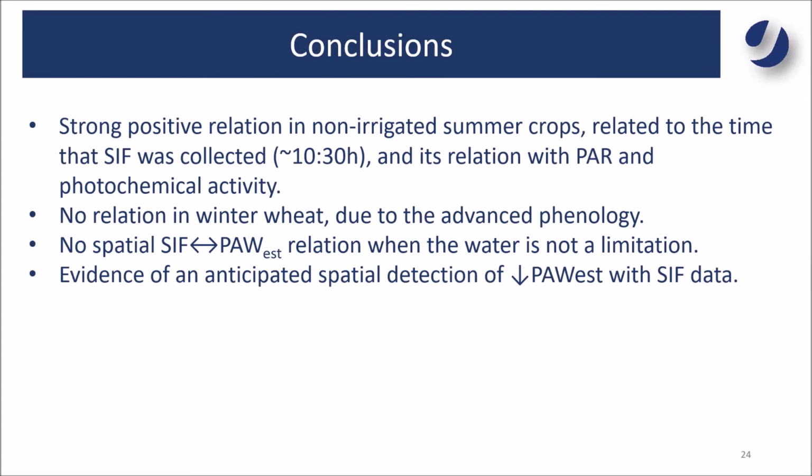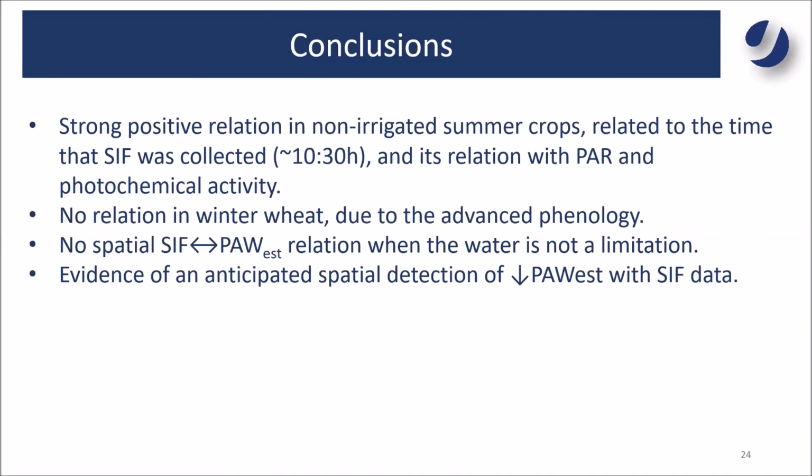We observed it in summer crops. And we think that it is related to the time in the diurnal course when we collected the SIF data, which was around 10:30 a.m., a time when we can expect the SIF was increasing alongside the PAR and the photochemical activity or photosynthesis.